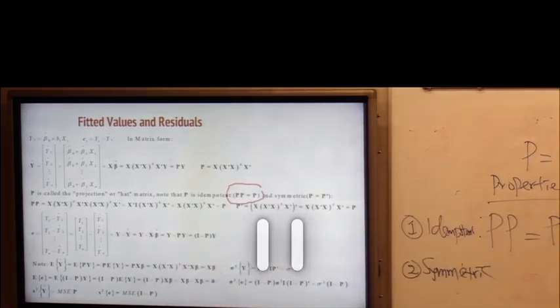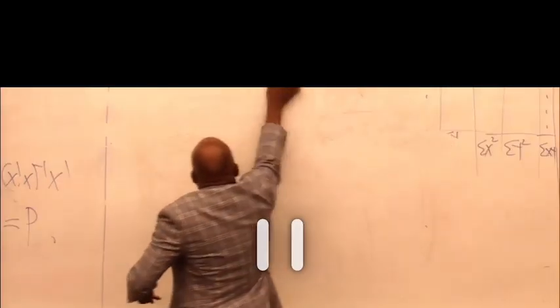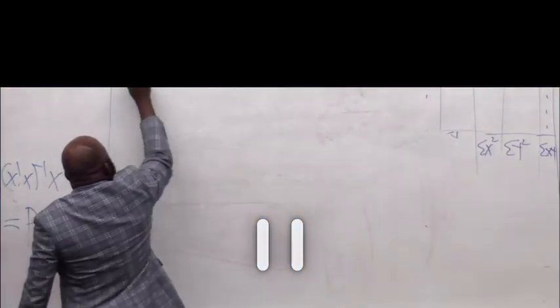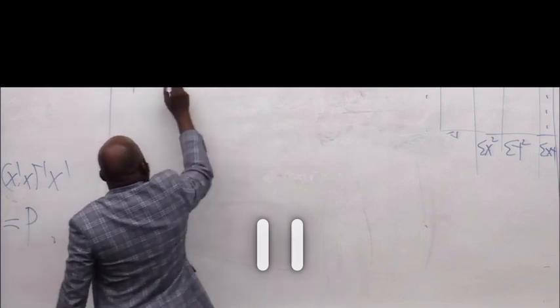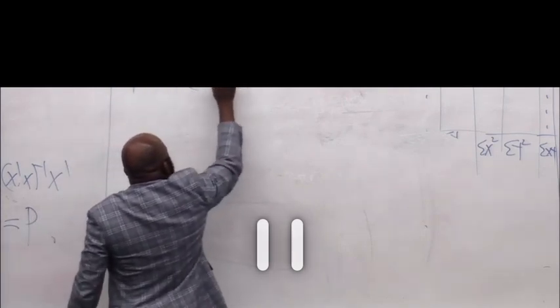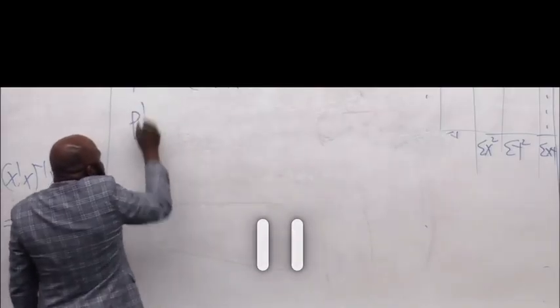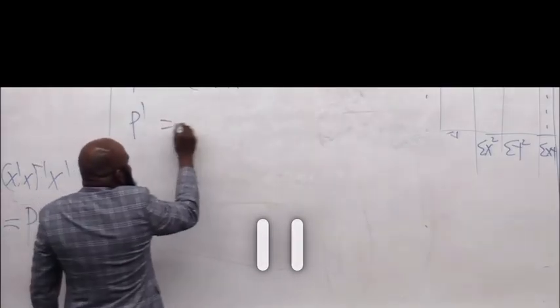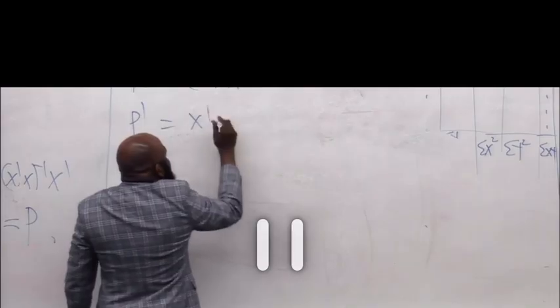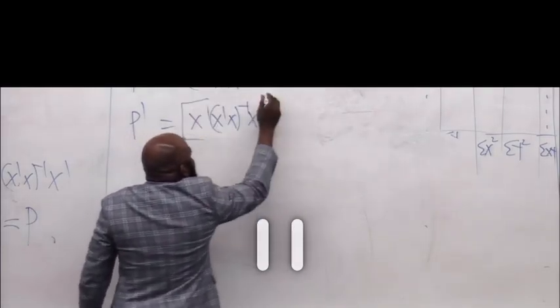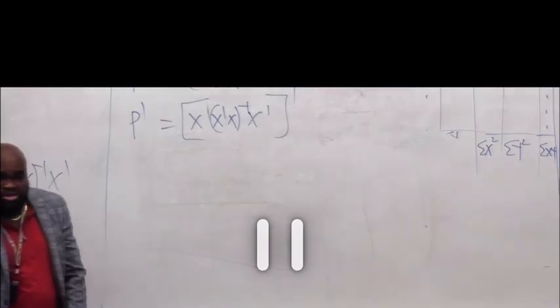We want to investigate the second property that we call symmetric. If I have P to be X, X transpose X inverse, X transpose, and I want to find the transpose of P, which means I want to find the transpose.